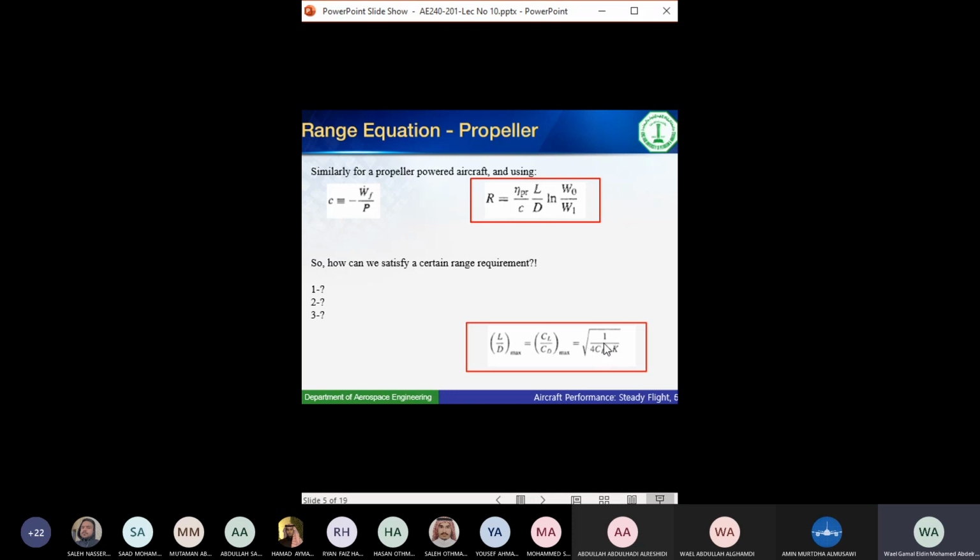Remember, this CD0 was like 0.01 or 0.02, this one was 0.04, very small values. But you see, these small values are what determine the L over D maximum. And L over D maximum determines the maximum range for a propeller aircraft. So the drag polar is extremely important, and slight variations in these small numbers will greatly change this value and greatly change the range.